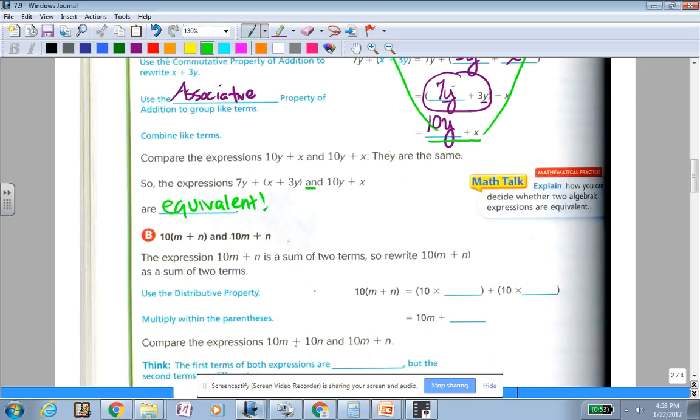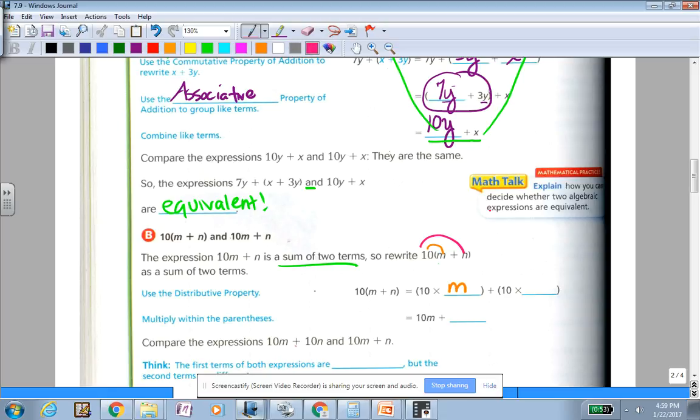Okay, this expression 10 times the sum of m and n is the sum of two terms. So I'm going to rewrite it and use the distributive property. Because if you recall, the distributive property says you get a 10m, so that becomes 10 times m.